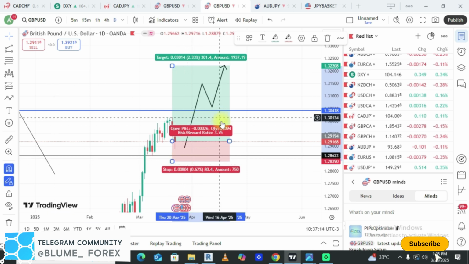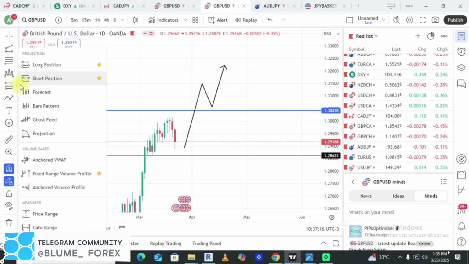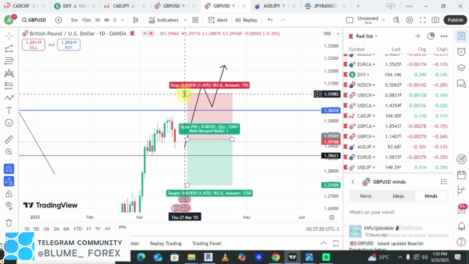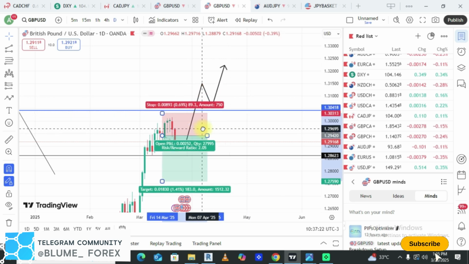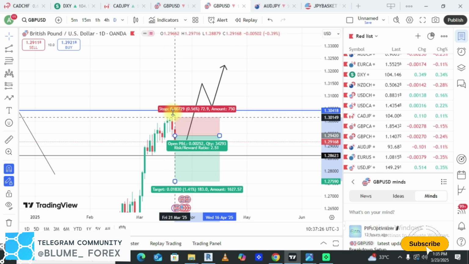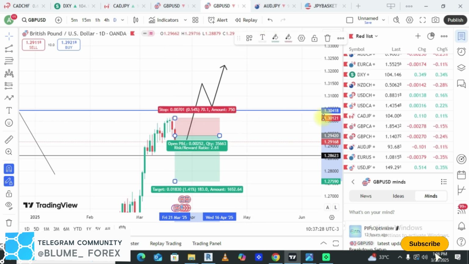Same as if you are going short, you are going to select short. If you think the market is going to sell, you are going to select short, and then you adjust these levels to correspond to where you want to put your stop loss, and then you look at the corresponding figures, and then you key that into your MetaTrader.